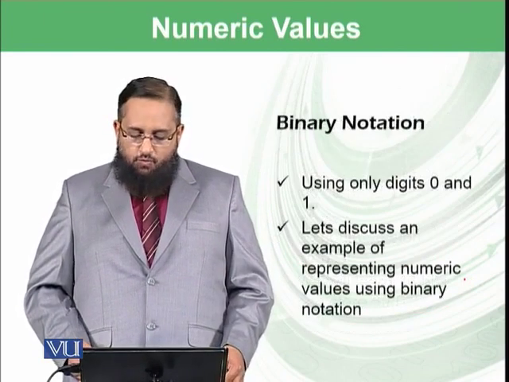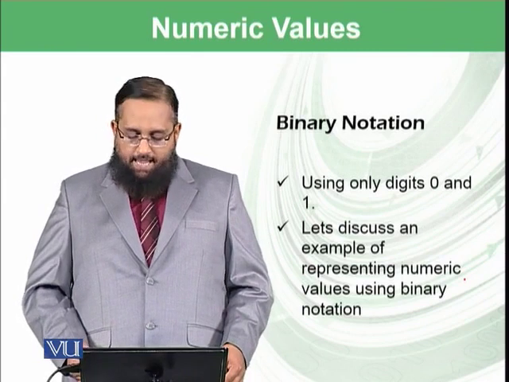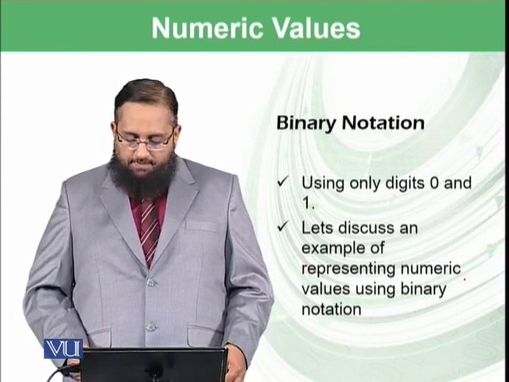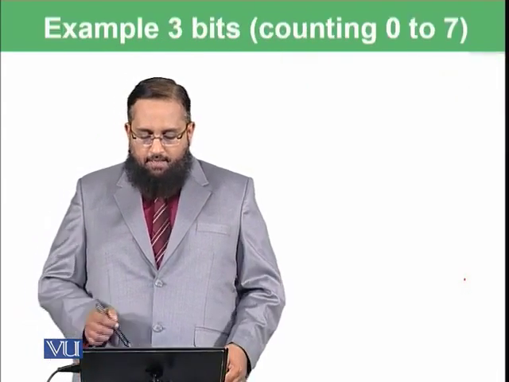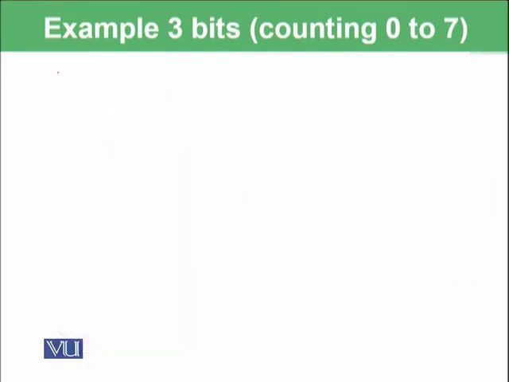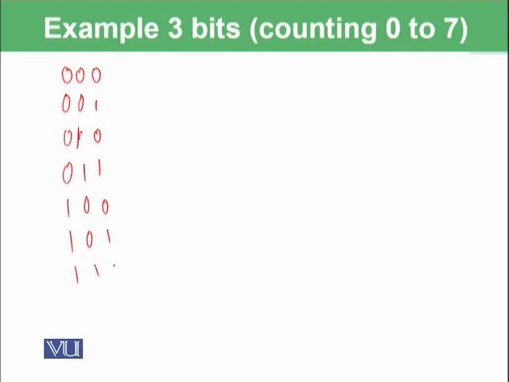For this we use the binary notation, and let's discuss an example of representing numeric values using binary notation. For example, we have 3 bits: 000, 001, 010, 011, 100, 101, 110, and 111. These are all possible combinations which can be formed with 3 bits.